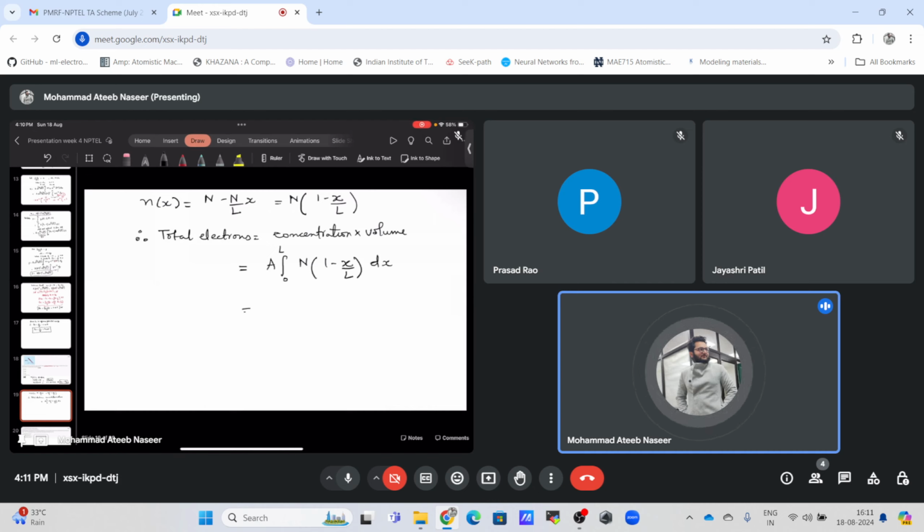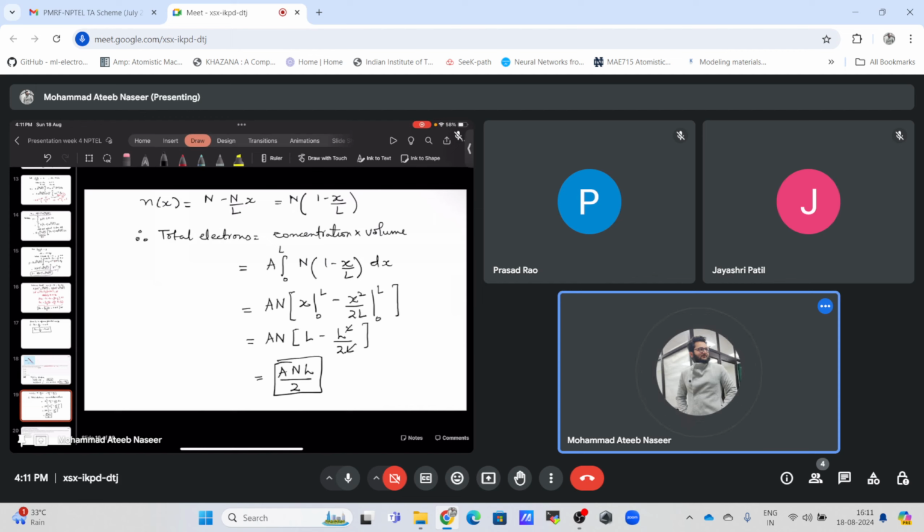So it is A n, x from 0 to L, minus x square by 2L from 0 to L. So it is A n times L minus L square by 2L, which is simply A n L by 2.